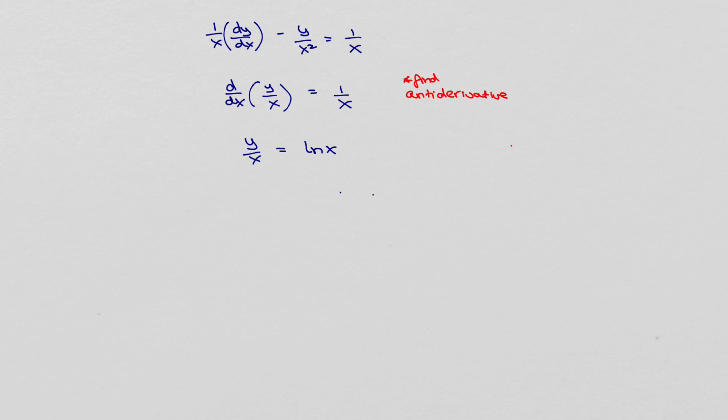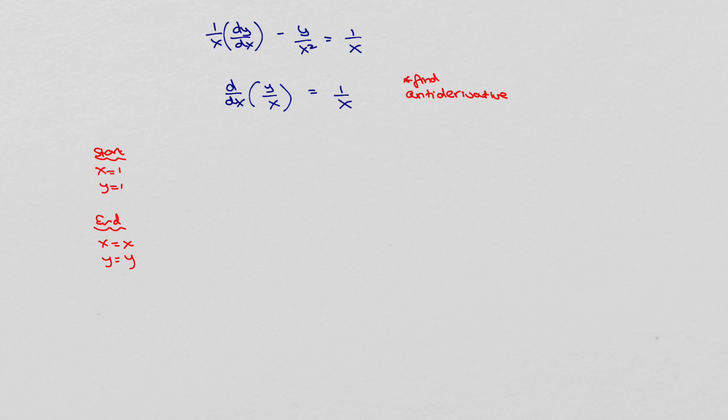So we've just found our antiderivative, our integration. And of course, we need our limits because otherwise we have to put in plus c. At the start, we know that x is 1 when y is 1. And at the end, it's just going to be in terms of x and y.